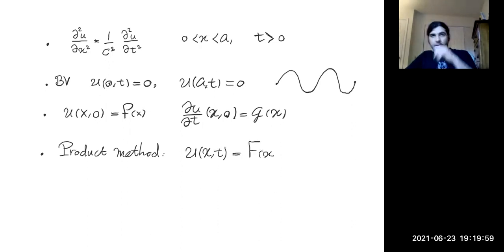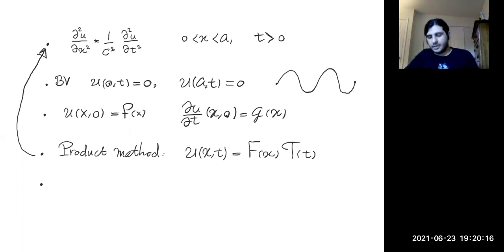I would show that with f of x. The other one is only a function of time. We show that with T of t. Now let's plug this definition of u into the equation we have here.